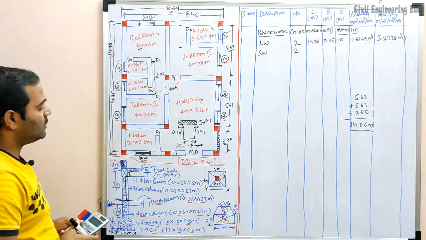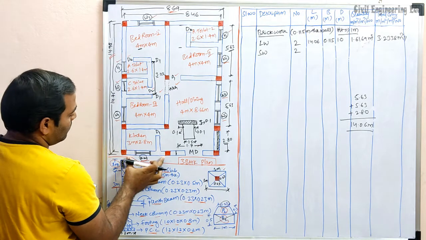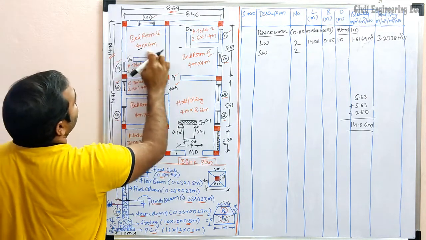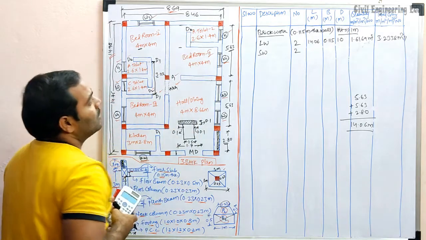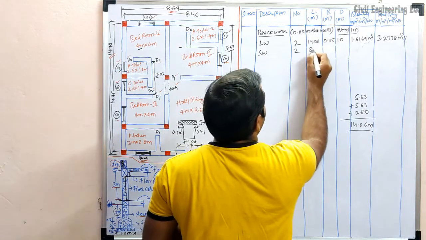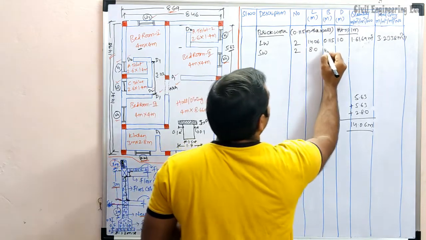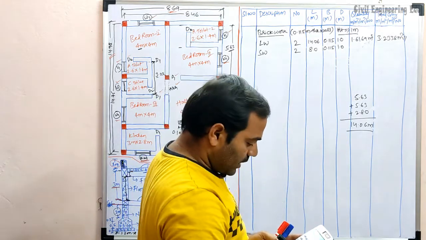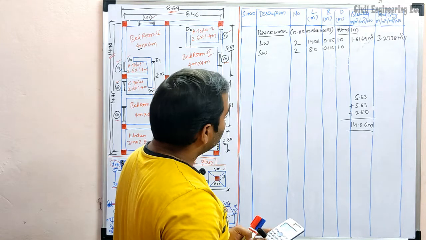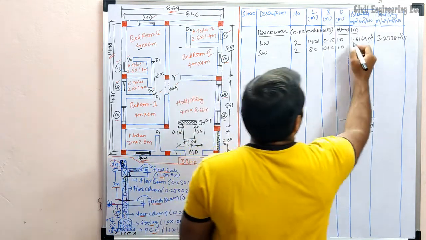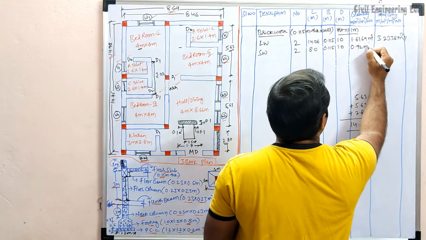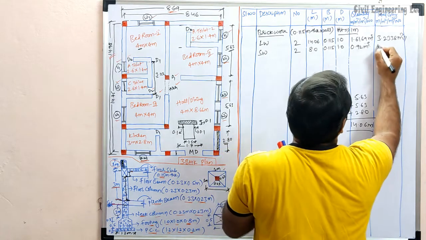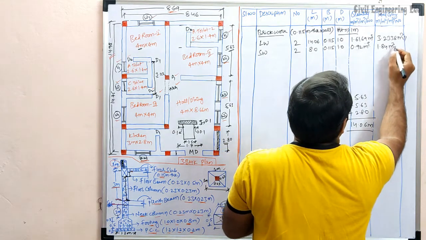Now coming to short wall. So what is the length of short wall? Short wall will be calculated from faces of two columns, this one and this one. So here you can see this is 4 meters and this is also 4 meters. 4 meter plus 4 meter will be 8 meters. Wall thickness and height of wall is same. So 8 into 0.115 into 1 meter, 0.92 meter cube multiplied by 2, so 1.84 meter cube.